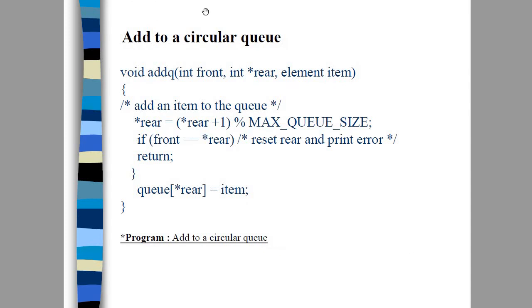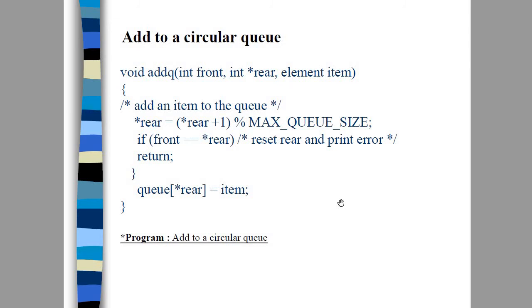So now in the circular queue concept, how will we add a new element into the queue? We'll pass the front and rear pointers, and we'll pass the item element that we want to put into the queue. Here, the rear pointer in the normal queue, if you want to insert a new element, we'll just increment it by 1.